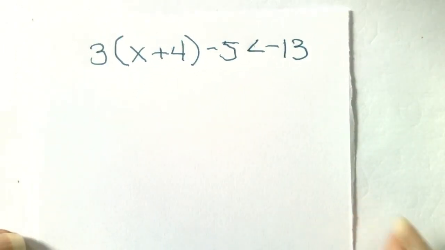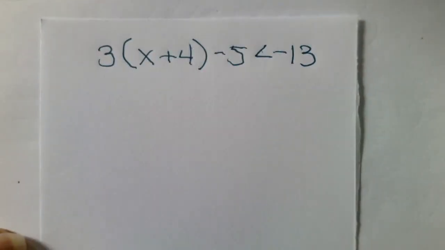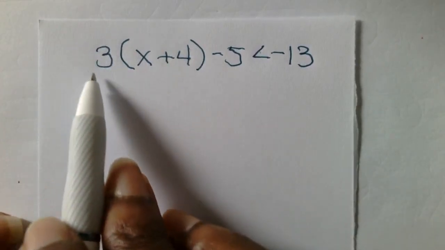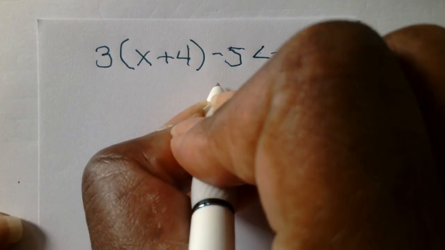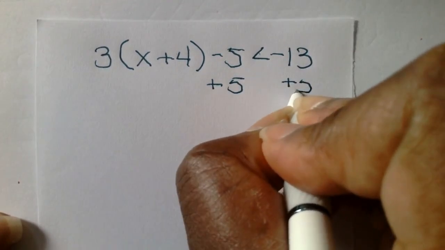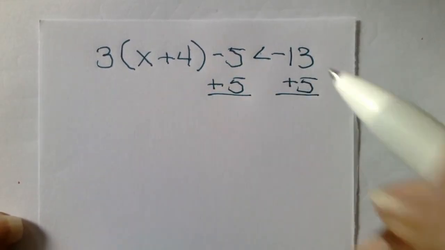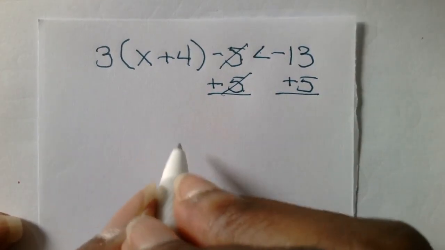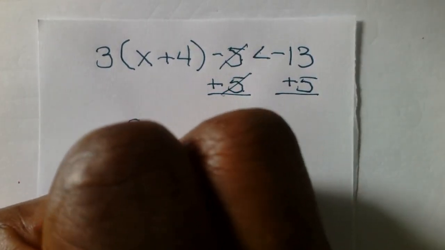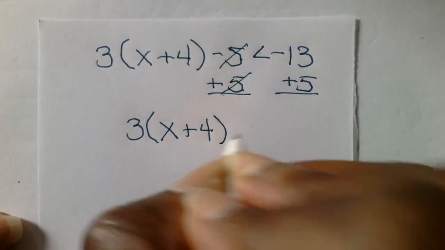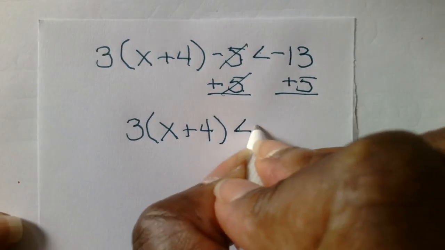Another way you could approach this is to isolate the multiplication that's happening here. So what I could do is add 5 on both sides, the inverse. Negative 5 and plus 5 give me a 0, and what comes down on the left-hand side is 3 times x plus 4 is less than negative 8.